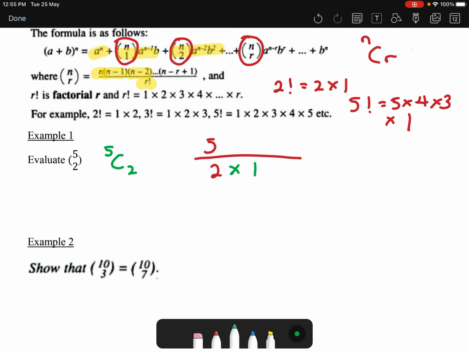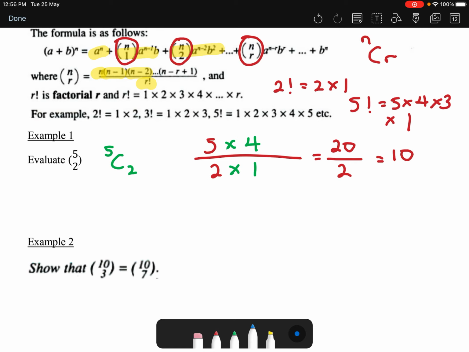So 5 you need to times 4. If the bottom has 3 terms, the top must have 3 terms. Let's evaluate. The numerator is 20, divided by 2 times 1 which is 2. So 20 divided by 2 is 10. You can use your calculator to check: press 5, then second F, 5 2, and you'll get your answer.